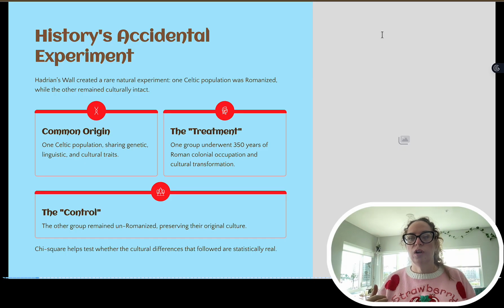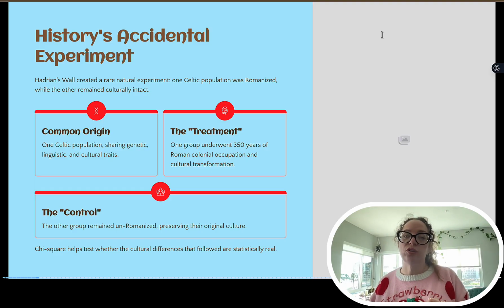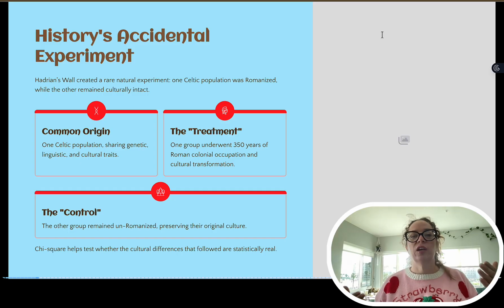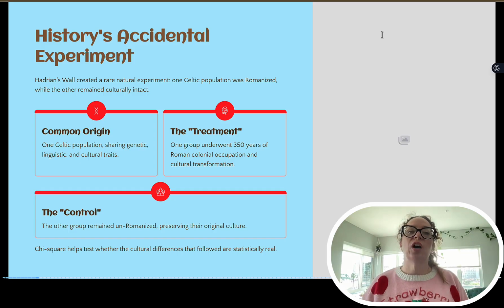The untreated group would be the ones that didn't have Roman institutions, that was not conquered. When it's later exposed to Roman institutions by the treated group, the descendants of the colonized Celts, they start to become more similar. They actually show improvement in some ways, civilizationally speaking, and become more similar, okay? So it's not that one group is different than the other, it's just simply what they've been exposed to.